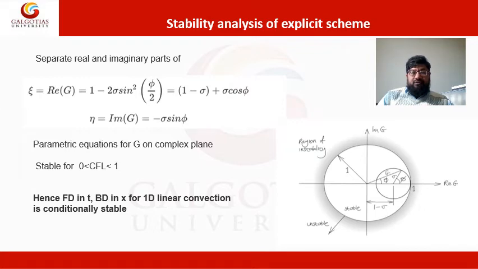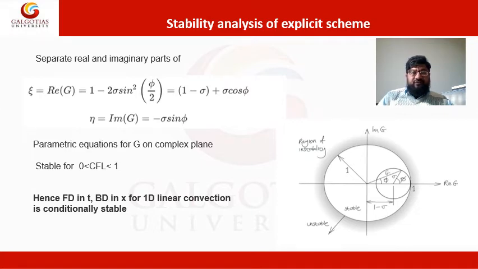Beyond this is the unstable region, and inside is the stable region. The small circle, or G, should lie within the unit circle.